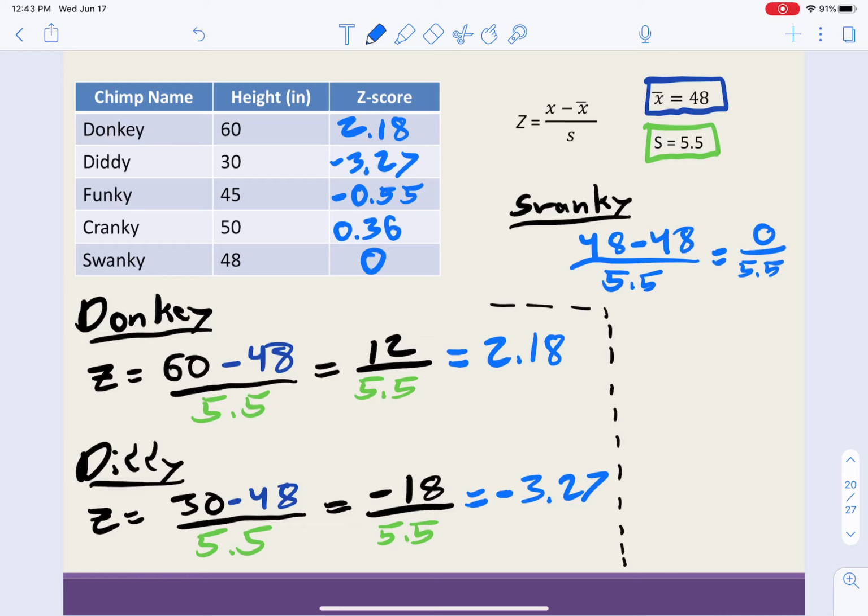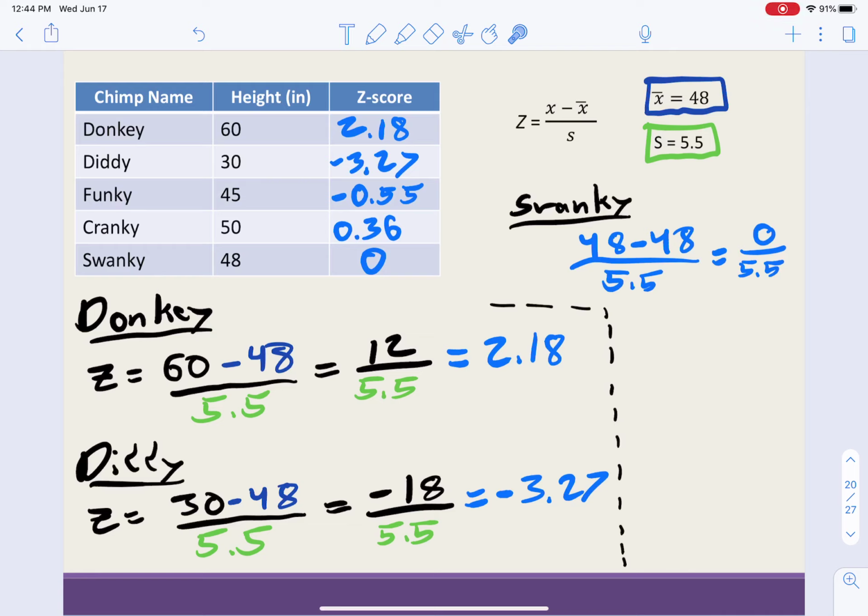All right, so let's look at each individual one real quick. Donkey Kong is 2.18 standard deviations above the mean of Jane's sample, right? So when we're comparing Jane's sample to this one observation, Donkey is 2.18 standard deviations away.